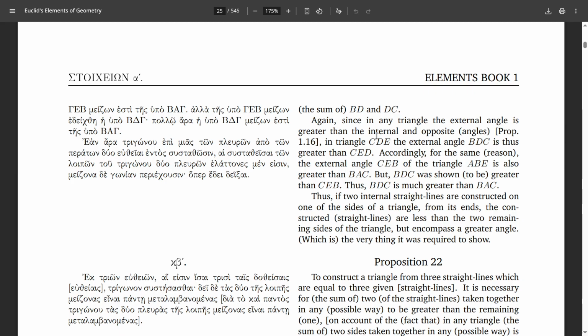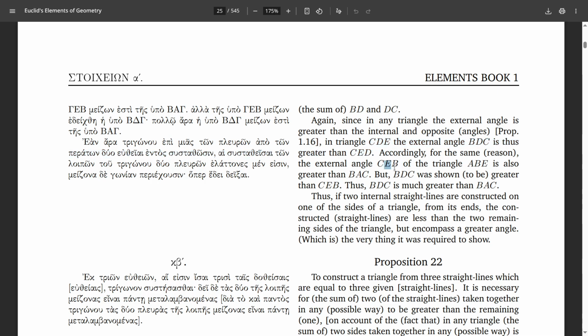Accordingly, for the same reason, the external angle CEB, yeah, that is also an external angle from that triangle of EDC, right? Or CDE is the triangle. Yeah, EDC, CDE, it's the same triangle, I just said it differently.